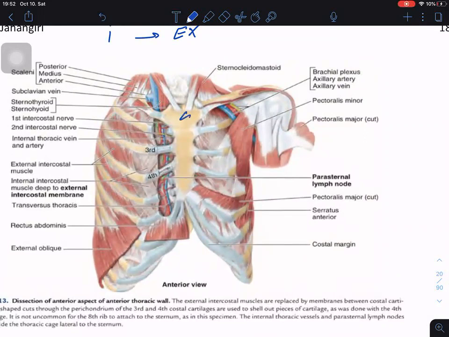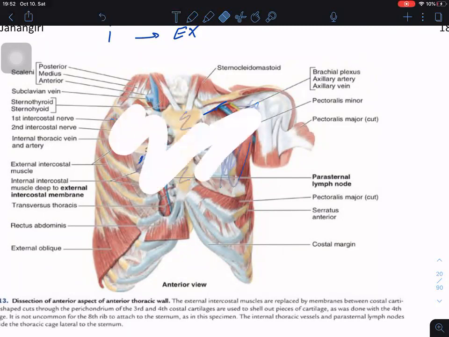You can see the sternum, the ribs, the clavicle, part of the pec minor muscle, and so on. You can see the external intercostal, and deep to the membrane, you can see the internal intercostal muscle fibers.